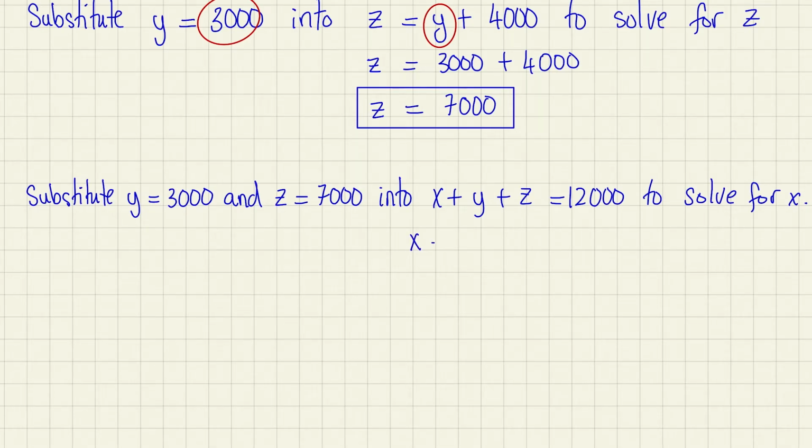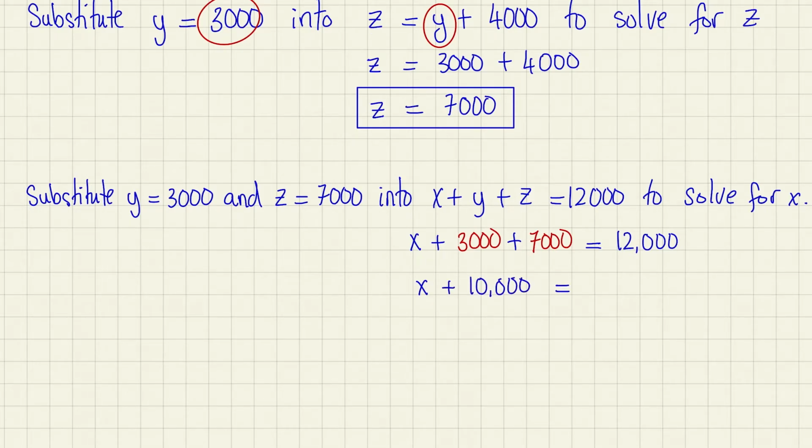So I have x plus $3,000 plus $7,000 equals $12,000. $3,000 plus $7,000 is $10,000. So x plus 10,000 equals 12,000. And if I subtract 10,000 from both sides, x is 2,000.